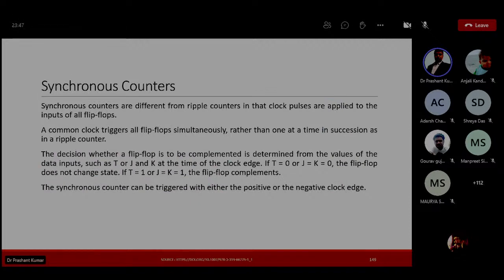Next thing is the synchronous counter. As we have already discussed a bit, synchronous counters are different from Ripple counters. The thing that changes from Ripple counters is that clock pulses are applied to the input of the flip-flops, and it is a common clock which triggers all flip-flops simultaneously.